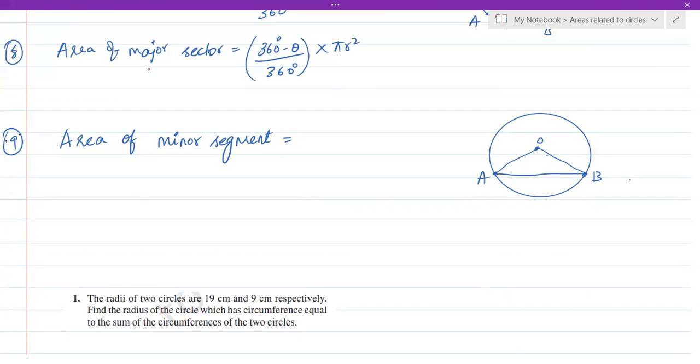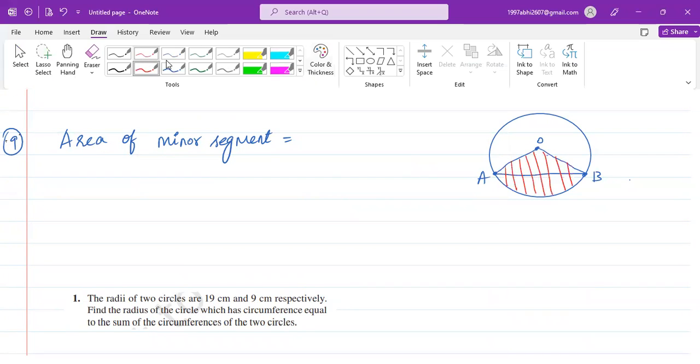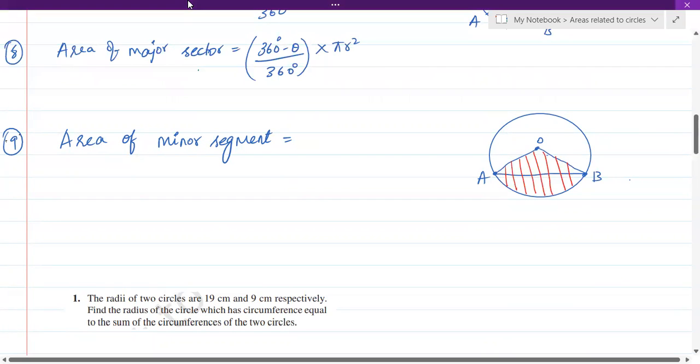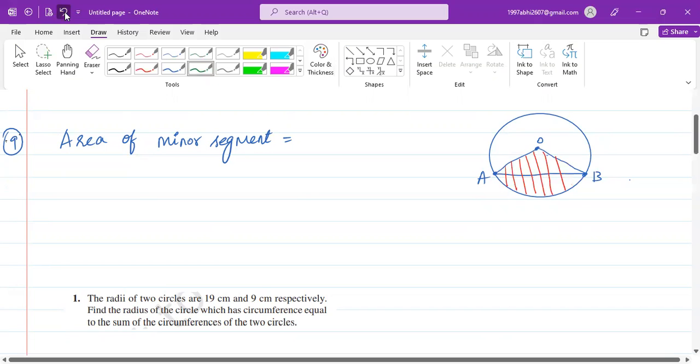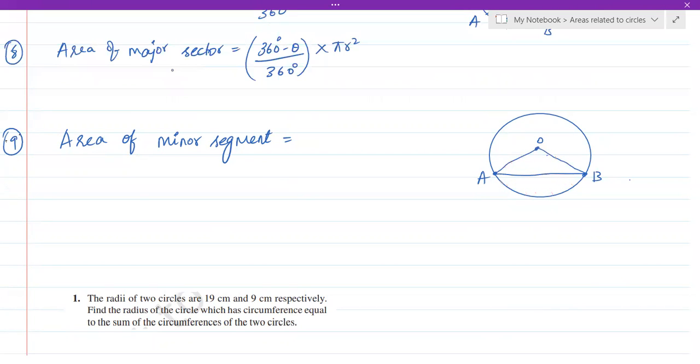Now, let me shade a part of the circle. Let me make it a bit easy, so you can understand easily.